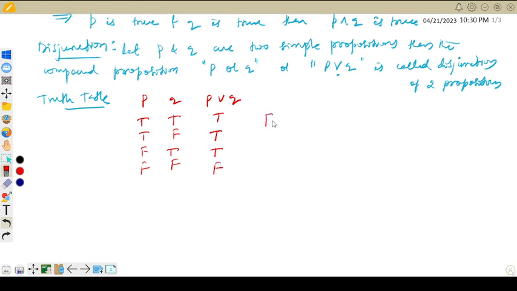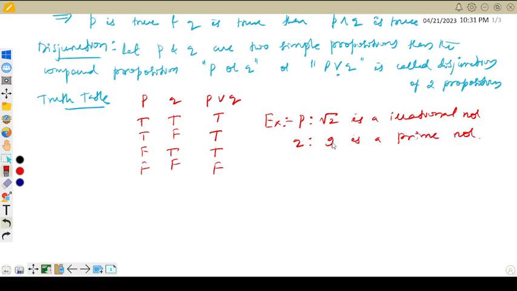So let us take an example. Let P be: root 2 is an irrational number. Q: 9 is a prime number.